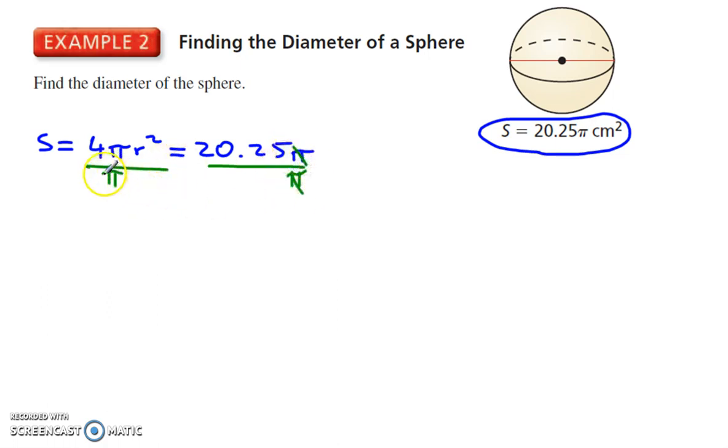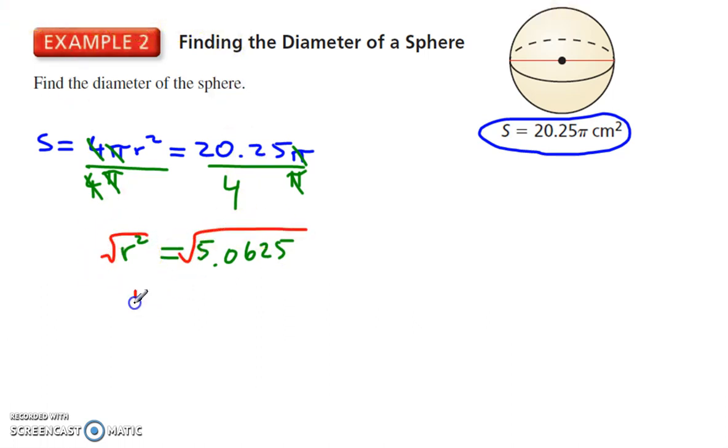Divide each side by 4. Then we get r squared is equal to about 5.0625. And then we have to square root that. We get the radius is equal to 2.25.